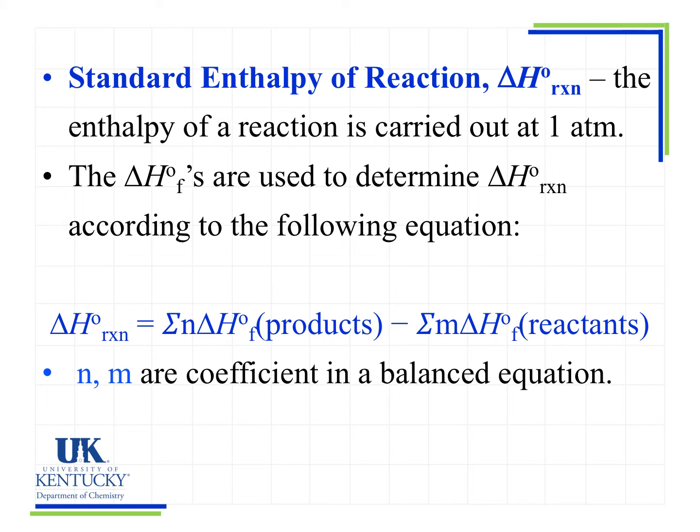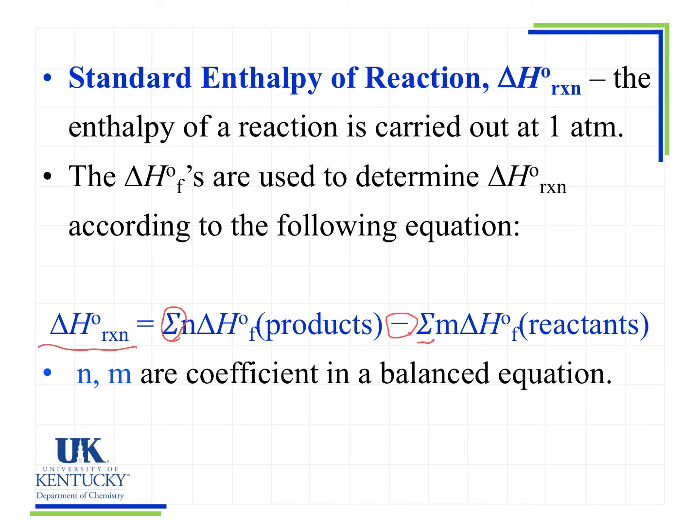So the delta H of reaction is, you see this sign here, that's sigma, that's a summation. So the summation of delta H of formation for all the products, the final stuff, minus the sum of delta H of formation for all the reactants, all the initial stuff.